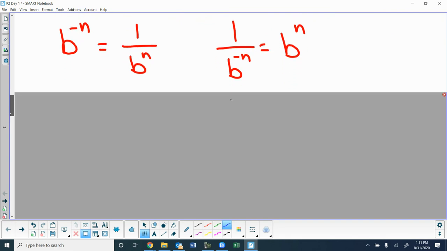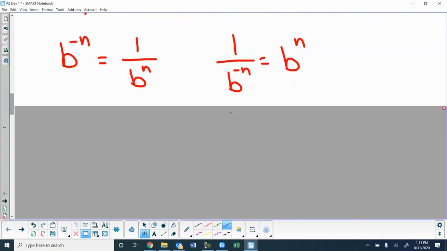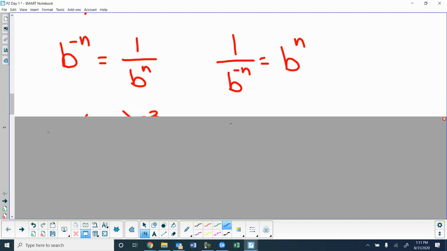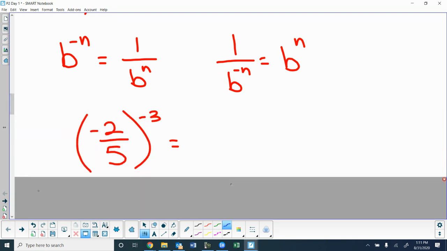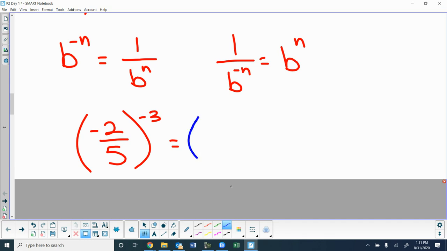If you have an answer with a negative exponent, whether it's a fraction or a whole number base, change it to a positive. So something like this, what do I do with this so I can turn that to a positive 3? Flip it. Reciprocal.